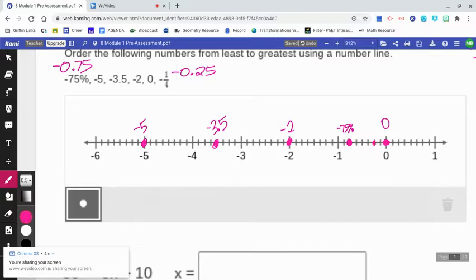And so that's going to be right here. Oops, I just did a negative twice. I'm sorry. Negative 1/4. So then now that number line helped us put our numbers in order from least to greatest. We've got -5, -3.5, -2, -75%, -1/4, and 0.